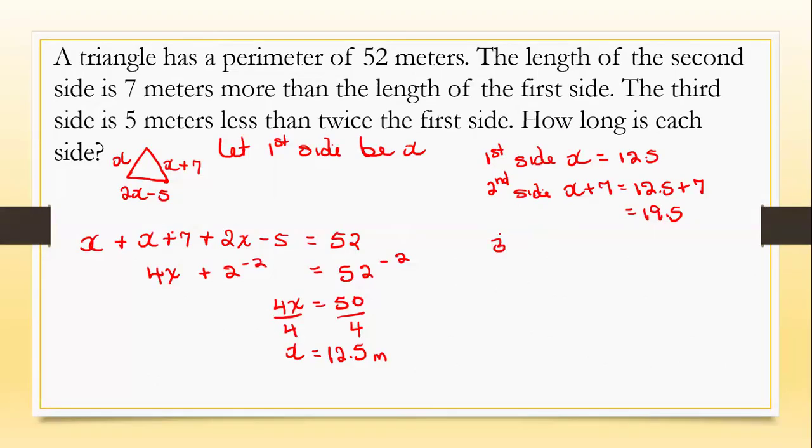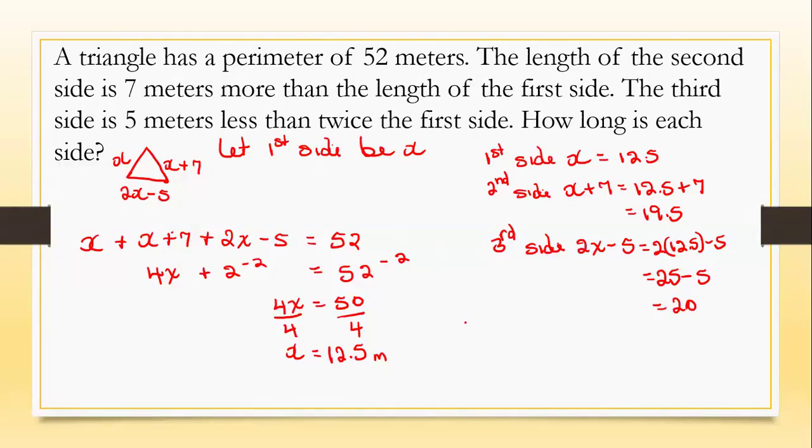And our third side is 2x minus 5, which is equal to 2 times 12.5, subtracting 5. 2 times 12.5 is 25, subtracting 5, which is equal to 20.